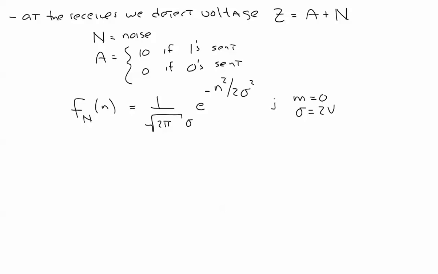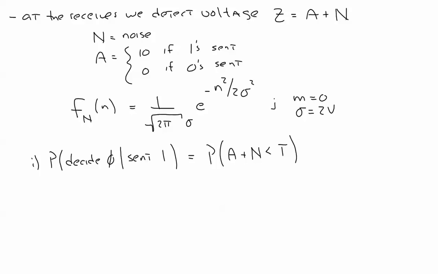All right. So let's piece this together. I need to find two conditional probabilities. The probability that I decide that I sent a 0, given that I sent a 1, equals the probability that A plus n is less than my threshold.